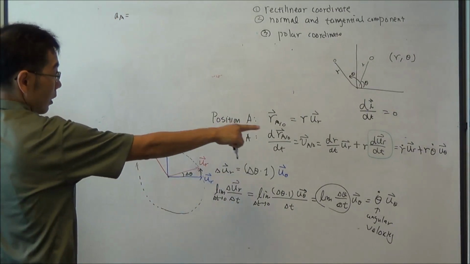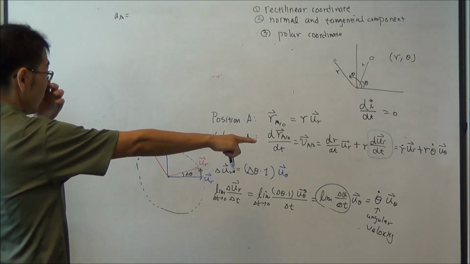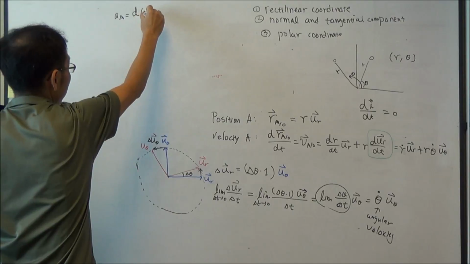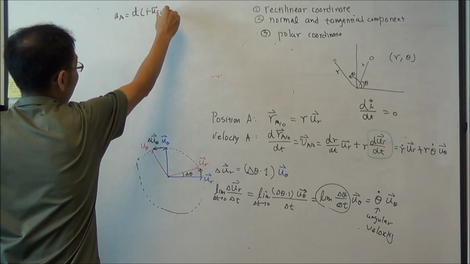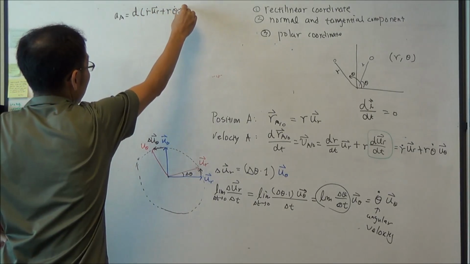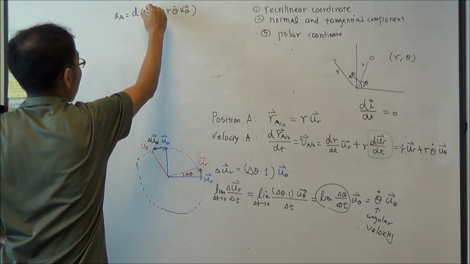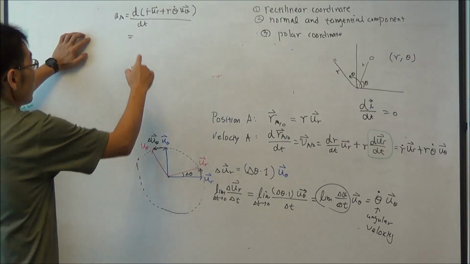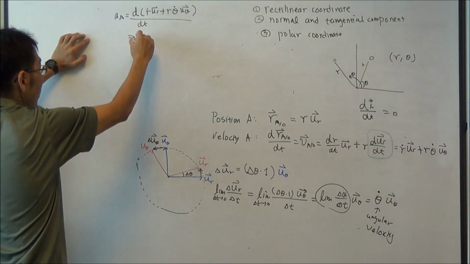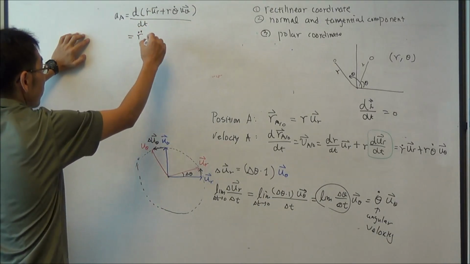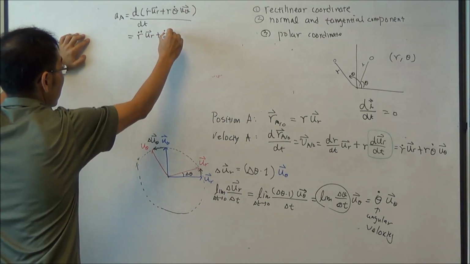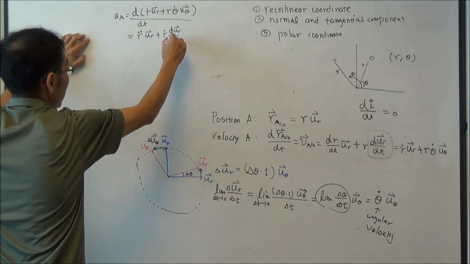I want to take the derivative of my velocity, so I need to take the derivative of R dot UR plus R theta dot U theta with respect to t. So first I need to do R double dot UR plus R dot dUR over dt.